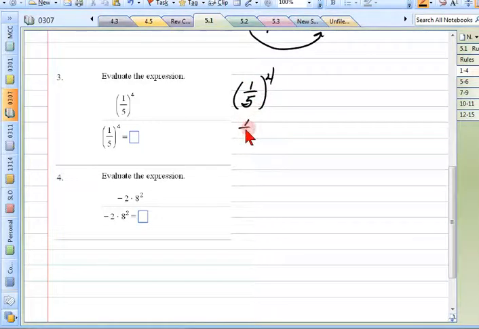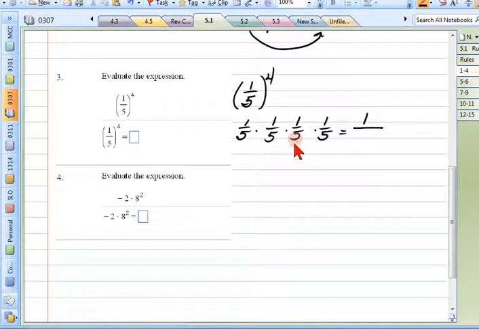So that will be 1/5 times 1/5 times 1/5 times 1/5. I have 1 times 1 times 1 times 1, which is 1. Be sure you don't switch and add them. And then 5 times 5 is 25, times 5 is 125, times 5 again, 625. So the exponent affected both the numerator and the denominator.